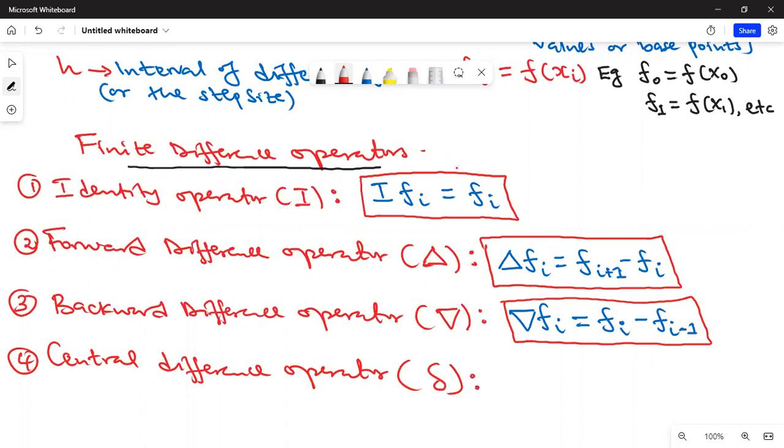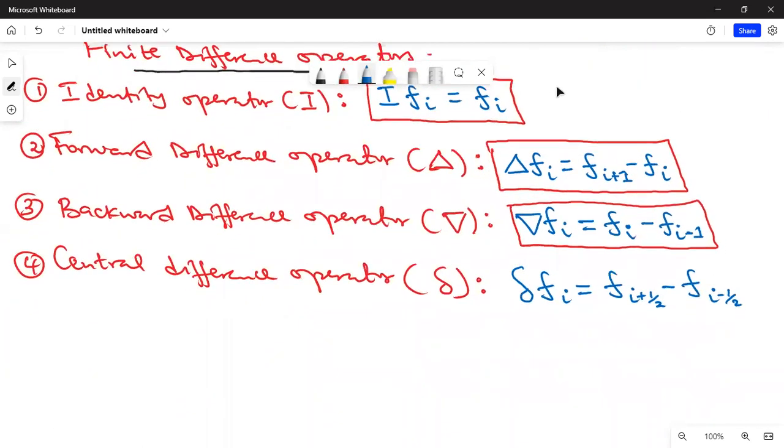And it's defined by delta of fi is equal to fi plus 1 over 2 minus fi minus 1 over 2. That's how we define the central difference operator. So I'll bracket this.